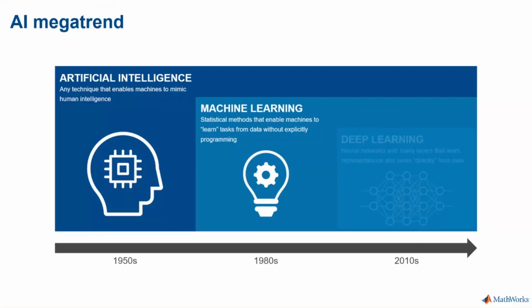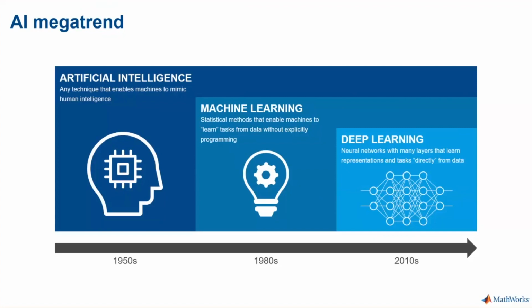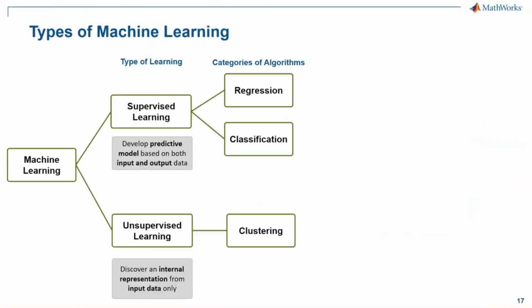Then deep learning techniques became very popular in the 2000s, in which we use neural networks. Their architecture is similar to how our brains work and how they learn.